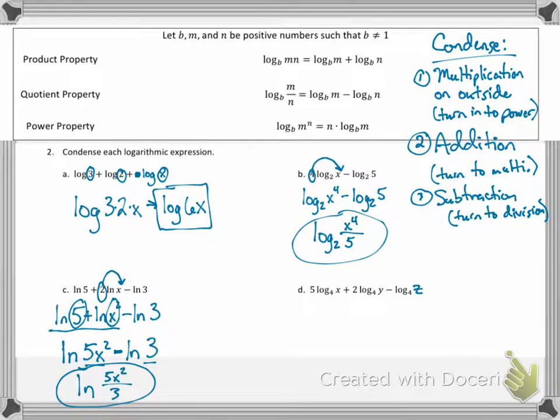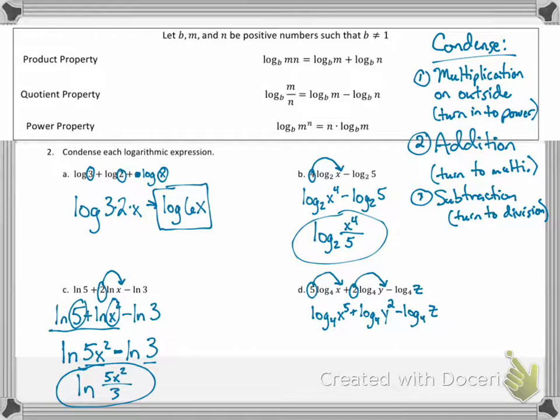So, first things first, let's take care of anything multiplied out front. I've got the 5 out front and a 2 out front. So we're going to swing those both up into exponents. So I'll have log base 4 of x to the 5th plus log base 4 of y squared minus log base 4 of z.